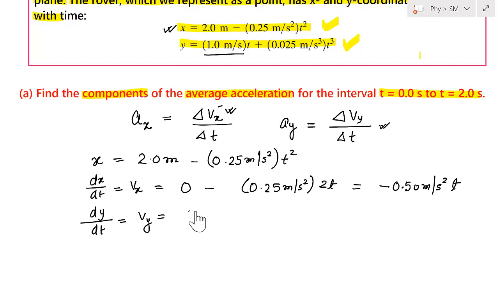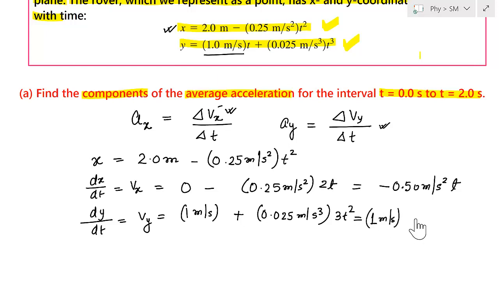If you differentiate, I will have 1 meter per second, and the differentiation of t is 1. The next term is 0.025 meters per second cubed times t cubed, and the differentiation of t cubed is 3t squared. So if I rewrite this, I will have 1 meter per second plus 0.075 meters per second cubed multiplied by t squared.